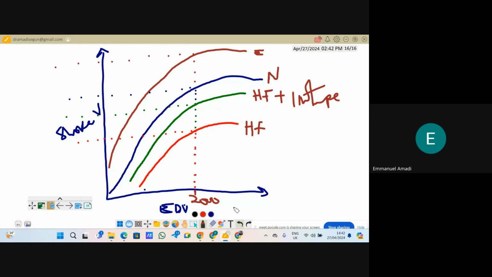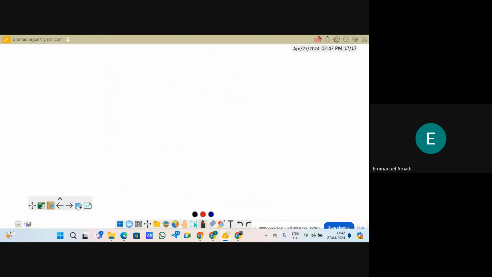Those days in elementary physics, there's what we call resistance in series and resistance in parallel. You know that when resistances are arranged in series, the overall effect is increased. When they are arranged in parallel, the overall effect is decreased, basically. Now, let's just look at a simple example of that. This is series arrangement, R1 plus R2 plus R3.